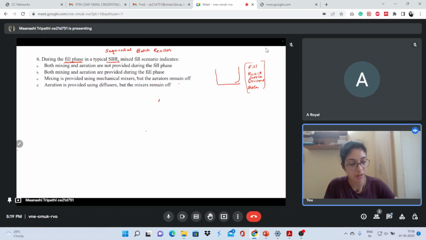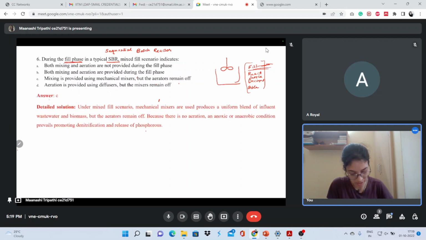So what do we mean by fill phase, and what will be happening inside the fill phase? There will be an aerator, mechanical or diffused. So what do we do when we fill it? Do we mix it, or do we aerate it, or do we do none of the above? Okay. So we'll see the answer. Answer is C. In fill phase, mixing is provided, mechanical mixer, but the aerator remains off.